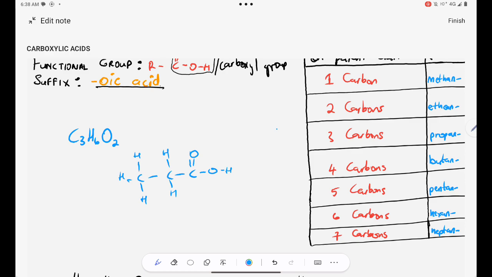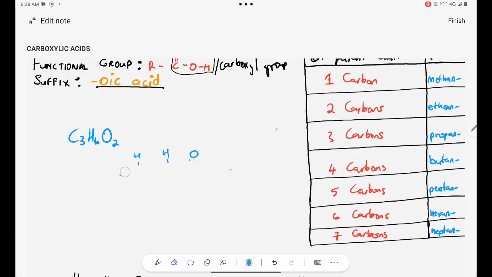The name of my organic compound, since it has 3 carbons, will be propanoic acid. I'll talk about isomers on other videos, but please note that carboxylic acids and esters are always isomers of one another, always.